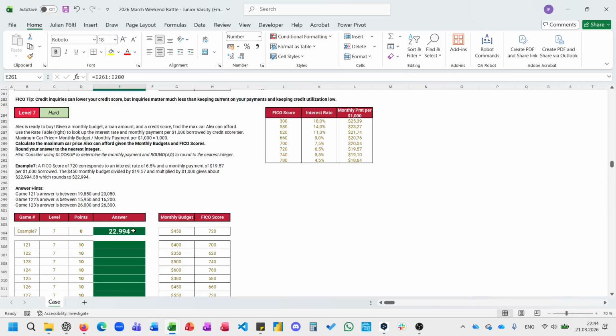Alexis, calculate the maximum car price: monthly budget divided by monthly payment per $1,000 times 1,000, so divided by monthly payment. Okay, FICO score 720.